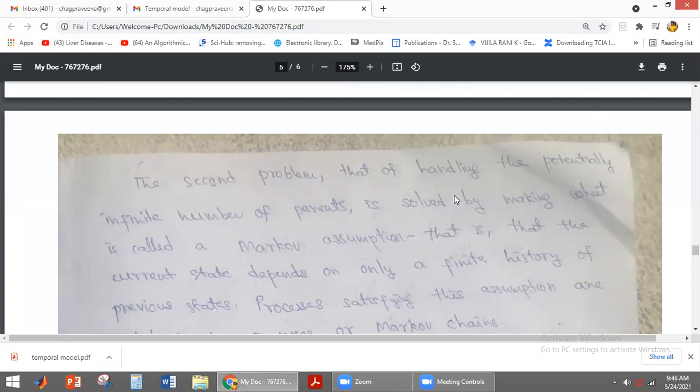So the second problem, holding the potential infinite number of parents, is solved by the Markov assumption.